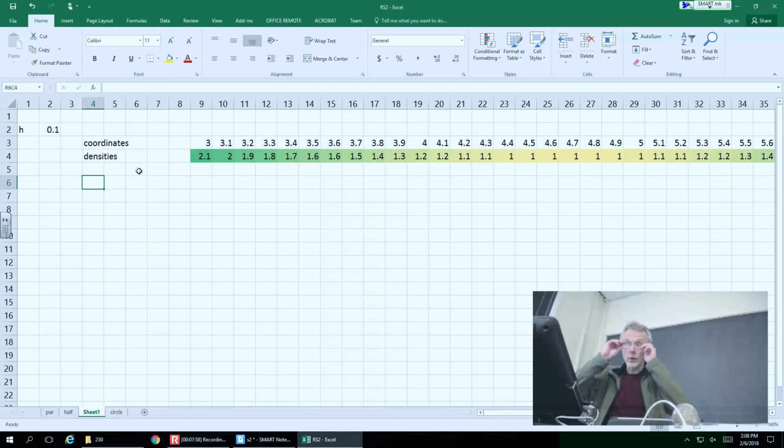So how do we find the mass? It is the integral, right? But right now Excel cannot integrate. So what do we do instead of an integral when we just sum?